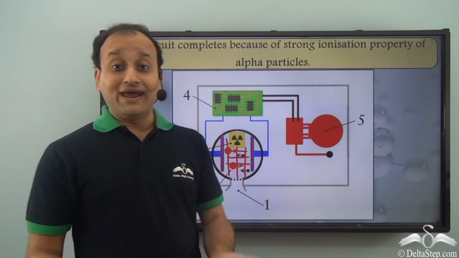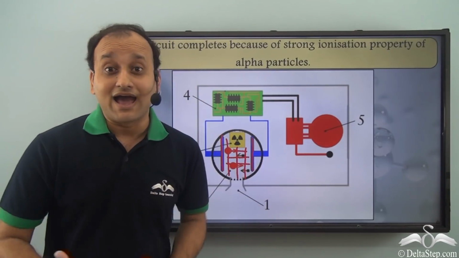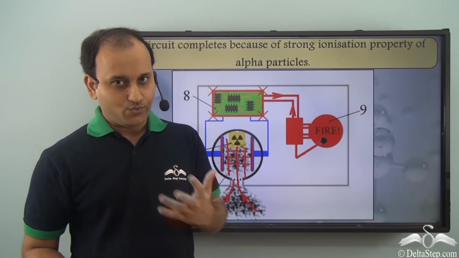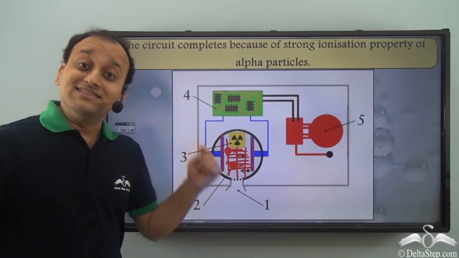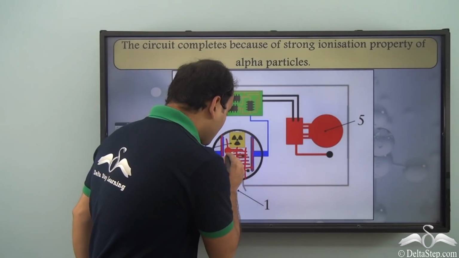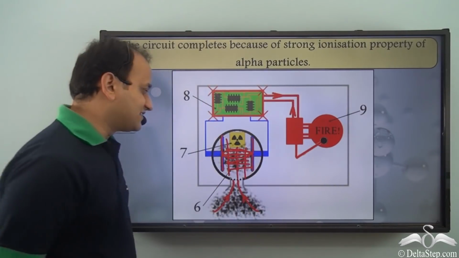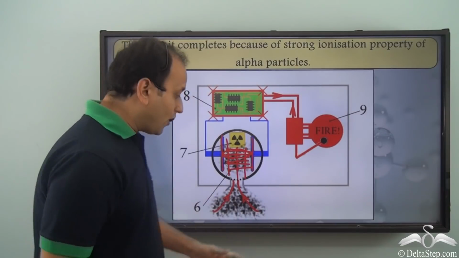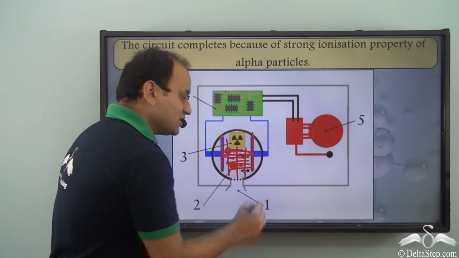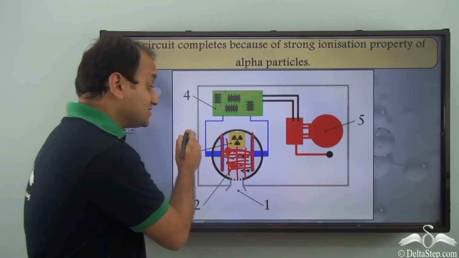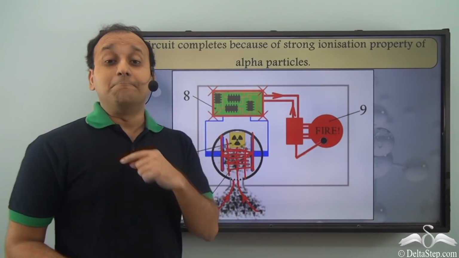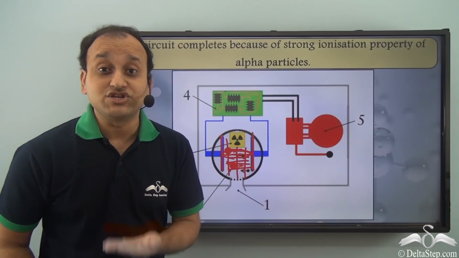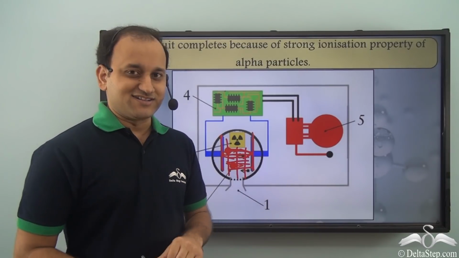And when air particles are ionized, what exactly happens? Well, we have a lot of ions in this region, and these ions allow a very small flow of electricity between these two terminals, and so the circuit is completed. So the circuit is completed because of the ionization property of alpha particles.